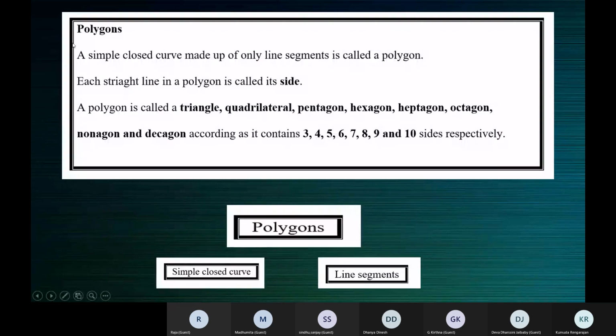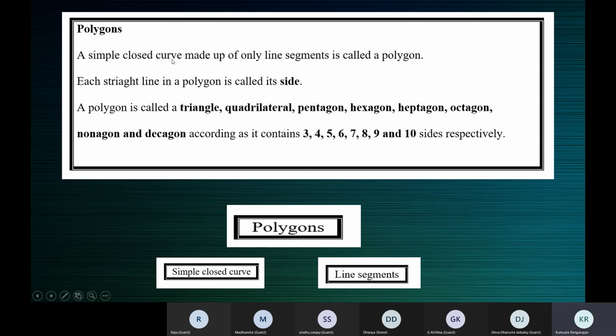Now you got the understanding of the terms curve, simple curve, closed curve, simple closed curve. Now, what is a polygon? A simple closed curve made up of only line segments.